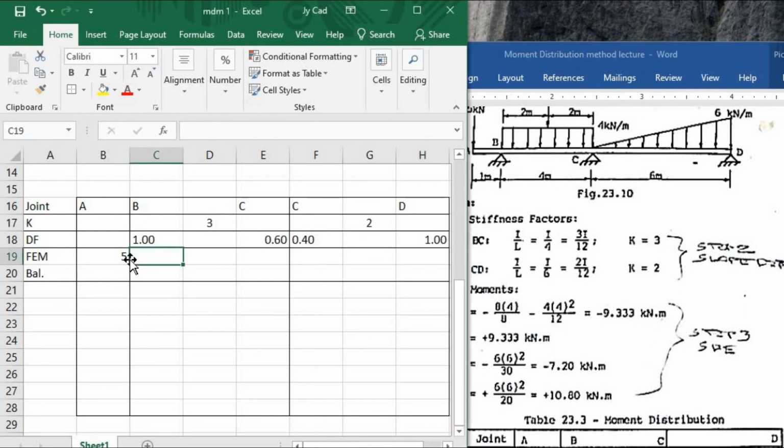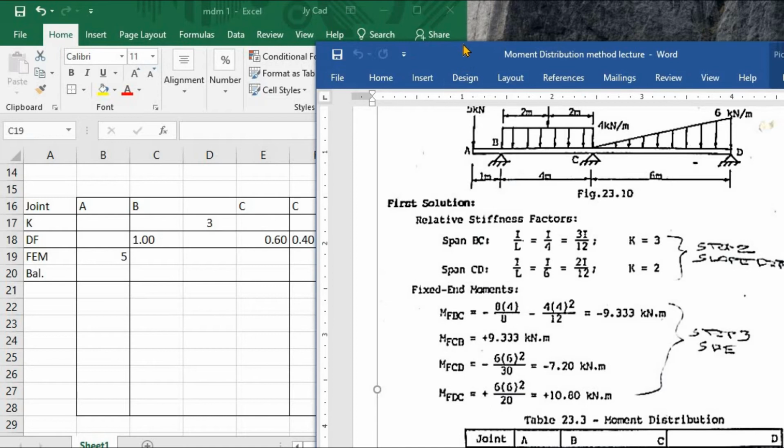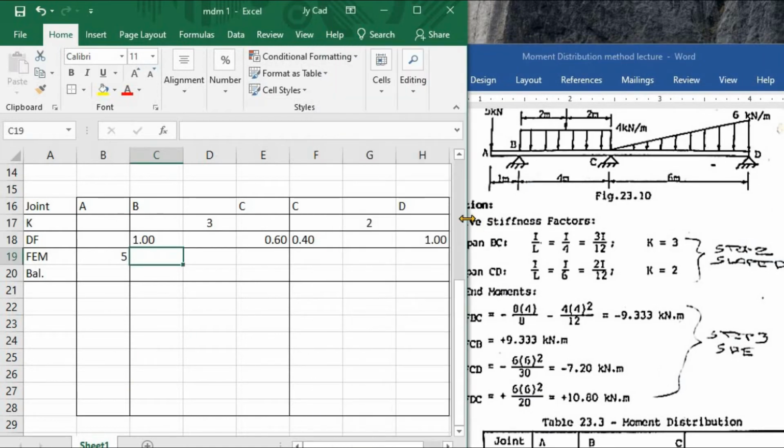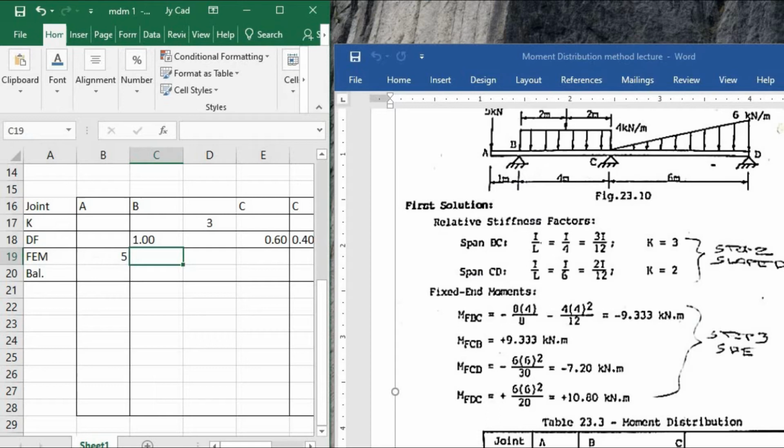For fixed end moment BC, that is equal to, gayahin ko na lang yan, negative 8 times 4 divided by 8 minus 4 times 16 divided by 12. Next, dito naman sa fixed end moment CB, that is simply the same, pero opposite in direction.